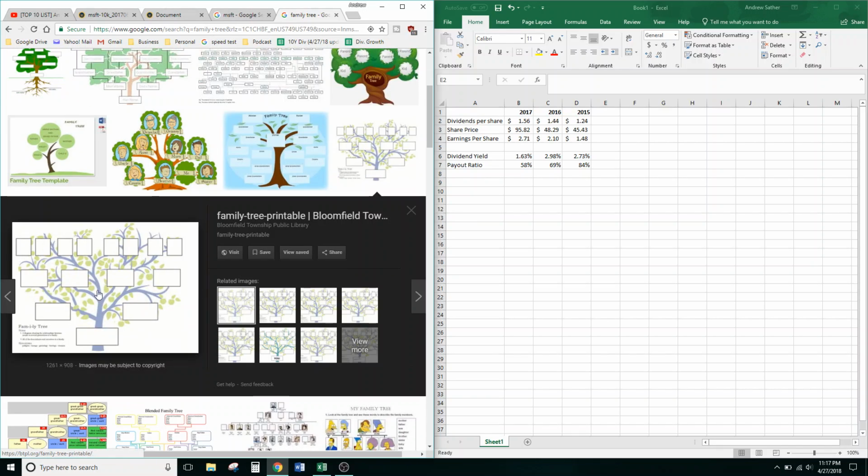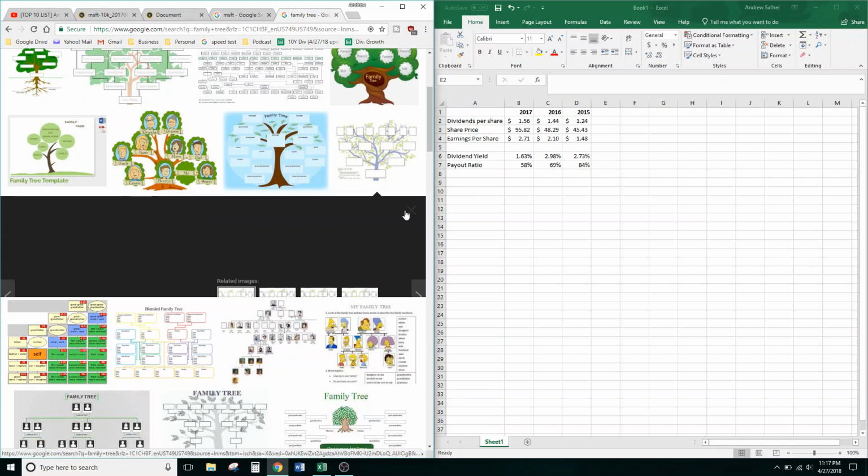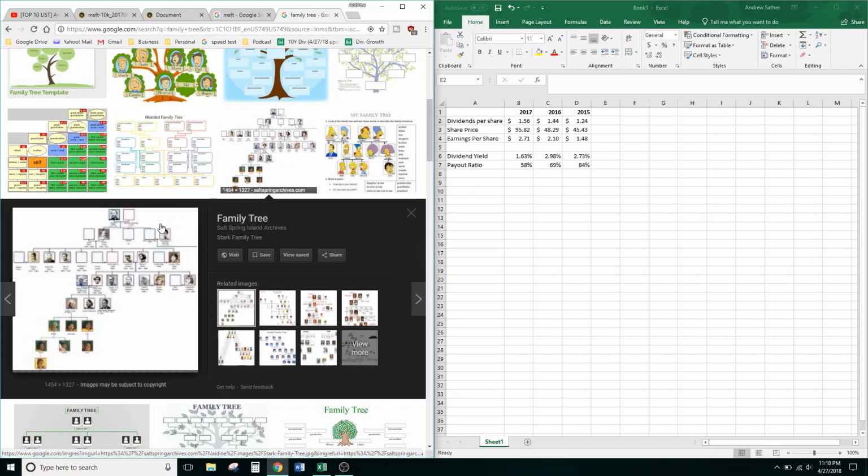Look at how it's like a family tree, how it just grows out. Think of each dividend as a little branch, and each new dividend is able to make even more, and then this new dividend that came from this dividend is going to make more dividends down here, and on and on.